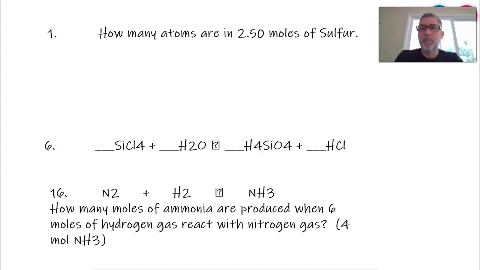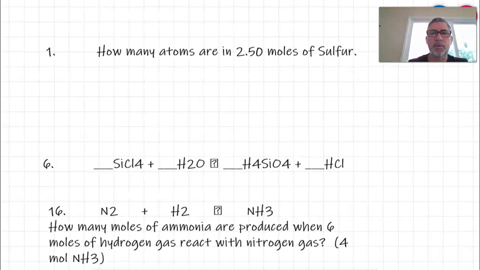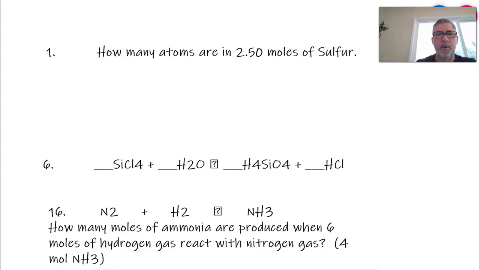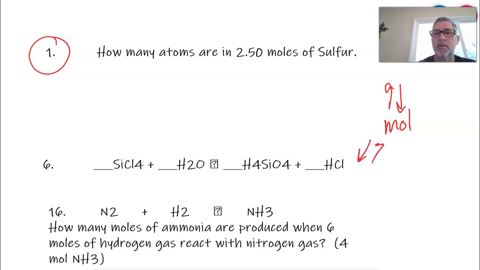All right, a quick little review on the review worksheet I gave you. If you are interested in a little more help, because some of you are getting number one wrong for sure. Remember, we have our mole triangle: moles, mass, particles, and volume.